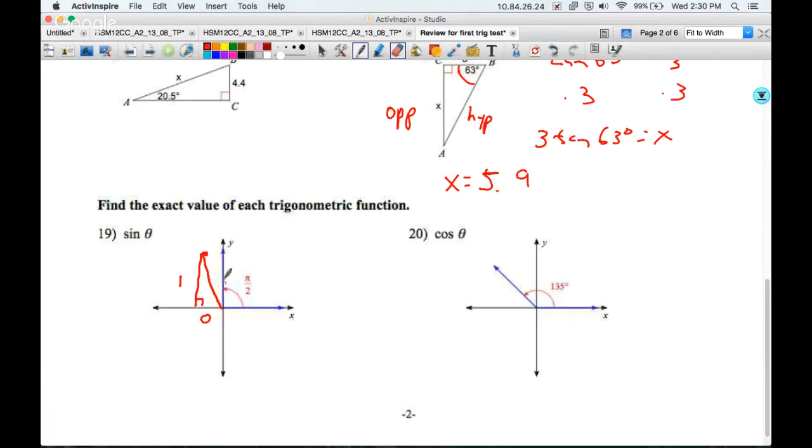The opposite here is clearly 1. The hypotenuse is still 1. We can label things as opposite, hypotenuse, and adjacent. And now when I want to find the sine, that is opposite over hypotenuse. Opposite is 1, hypotenuse is 1, so 1 over 1 equals 1.